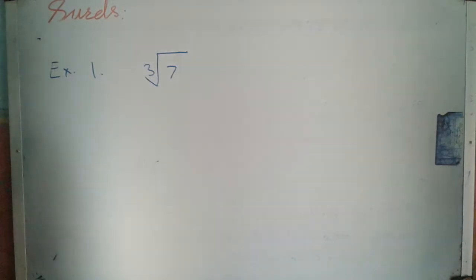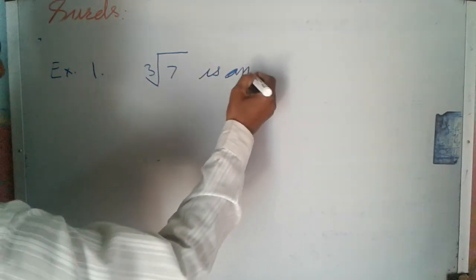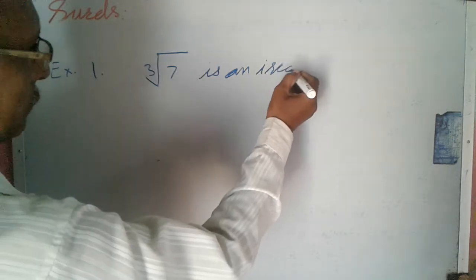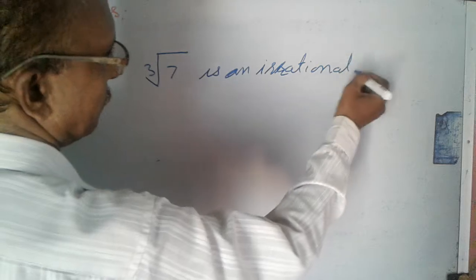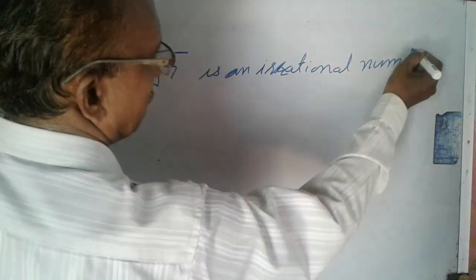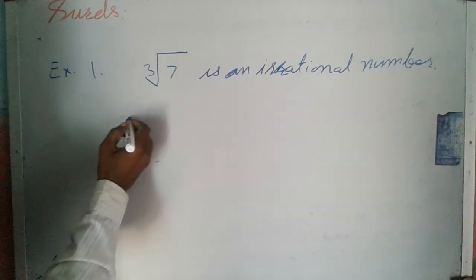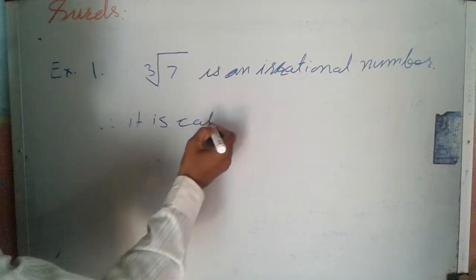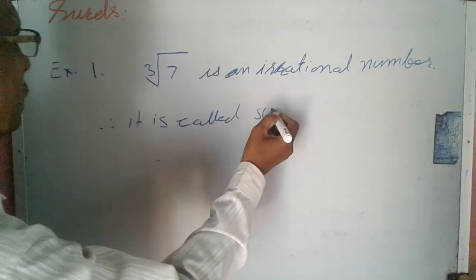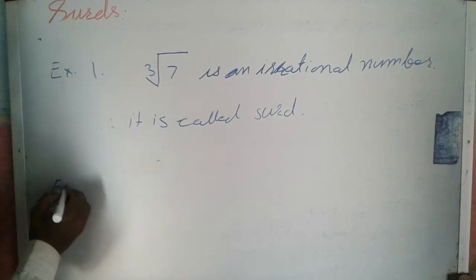Here the cube root of 7 is an irrational number. So therefore it is called a surd. Now we see another example.